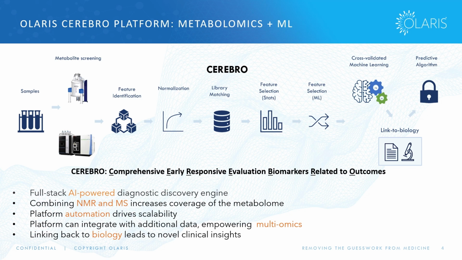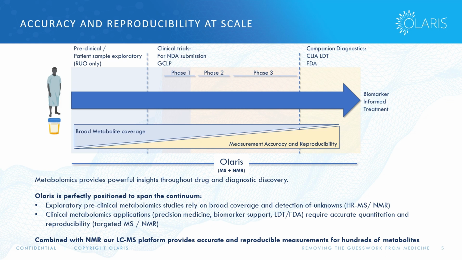So metabolomics has the ability to provide very powerful insights throughout drug discovery and diagnostic discovery. What I'm showing here is the various phases of drug development and associated biomarker analysis as well. And so what is interesting to note is that different types of methodologies are being used depending on the stage that you're in.